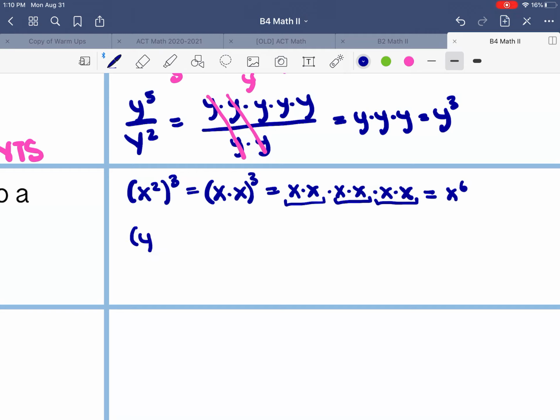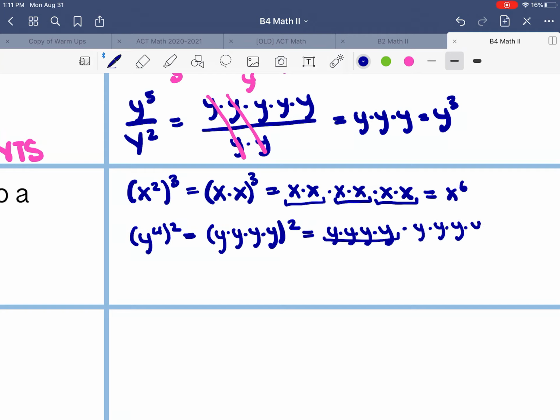We can also try y to the 4th power squared. Y to the 4th power is 4 y's. 1, 2, 3, 4 y's. And if we duplicate that, or if we make 2 copies, we end up with y times y times y times y. That's 1 copy. And then one more, y times y times y times y. 1 more copy.